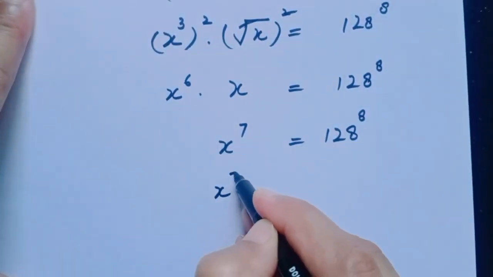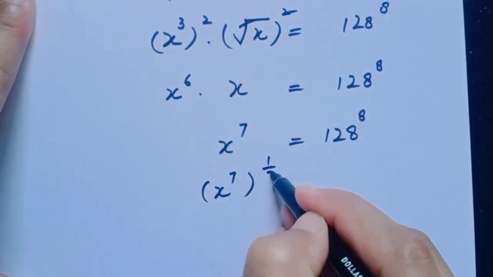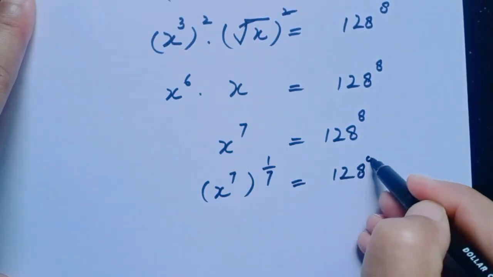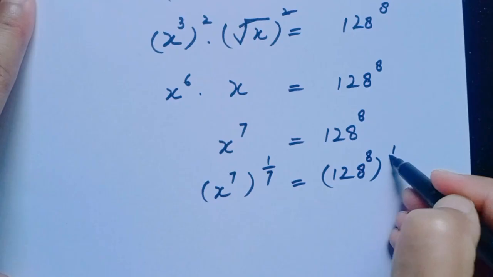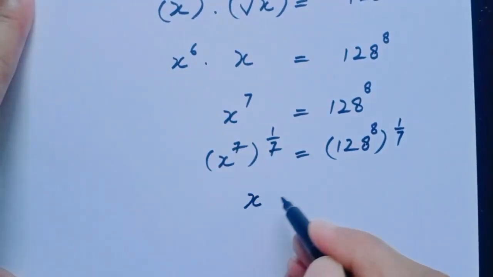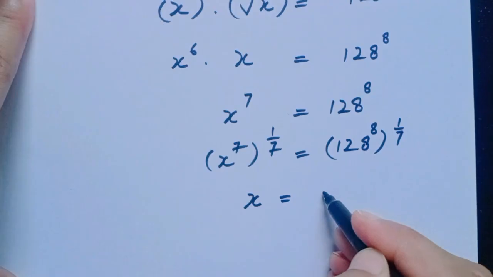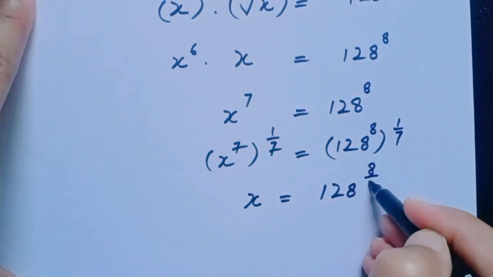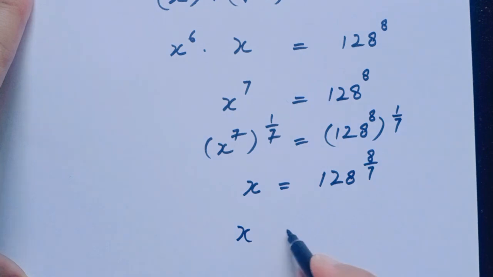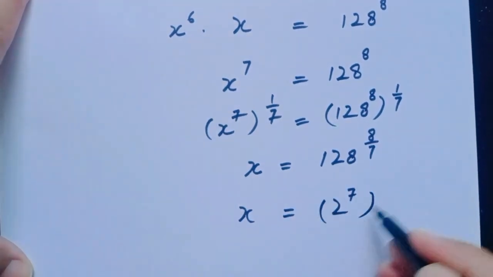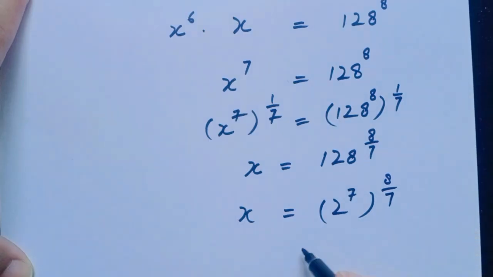In the next step, we will take the power 1 over 7: x power 7, whole power 1 over 7, is equal to 128 power 8, whole power 1 over 7. So on both sides we have raised to the power 1 over 7. 7 goes with the 7, and we get x is equal to 128 power 8 over 7. We know that 128 we can write as 2 power 7, power 8 over 7.